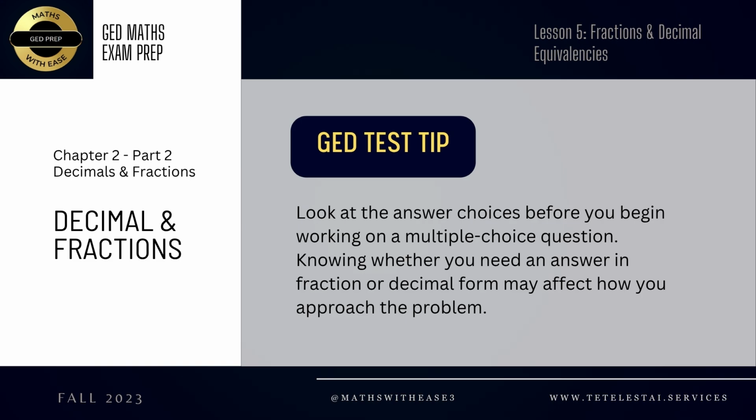So if the question is asking you to present your answer as a decimal, and you found a fraction, let's say 1/2, well, its decimal equivalent is 0.5. If you presented your answer as 1/2, it's technically incorrect, because 1/2 is not a decimal.